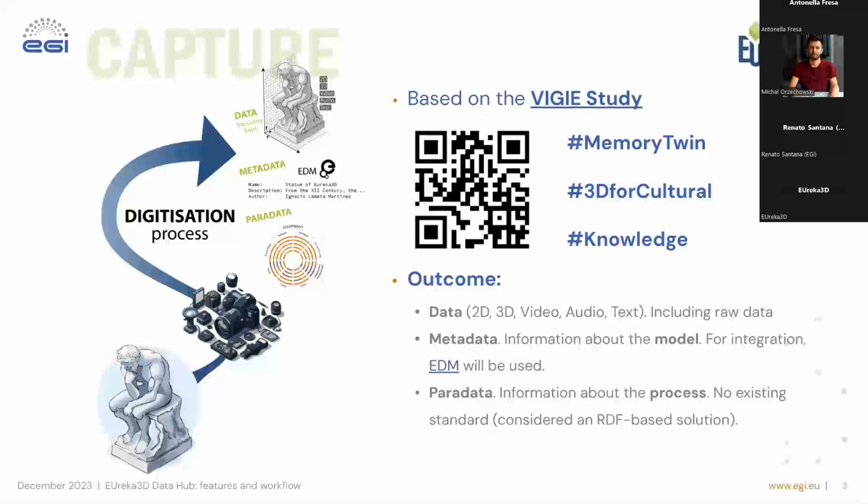As you can see from our logo, EUreka3D, you may remember the ancient Greek word Eureka is linked to one of the greatest inventions in the world. So we don't see a 3D as a geometrical structure anymore, but we see it as an object which has a story, has a hidden memory, and we want, with the power of ICT, to bring the object to talk, to tell us its story.